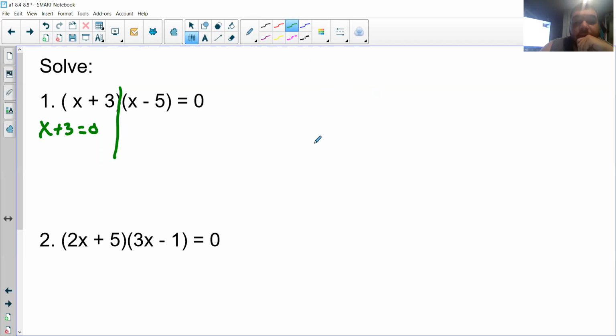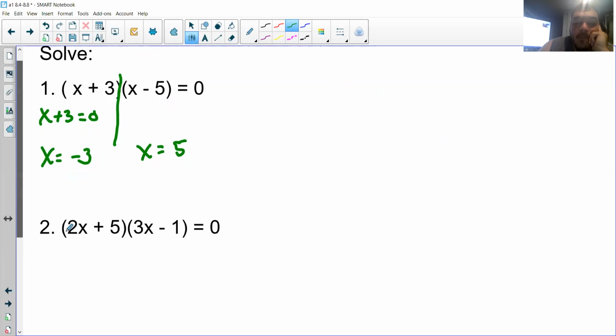All right, minute's passed. For your first one, you should have got x equals negative 3. You would subtract 3 on both sides. And x equals positive 5. You would add 5 to both sides. Here on the bottom, you should get x equals 5/2.